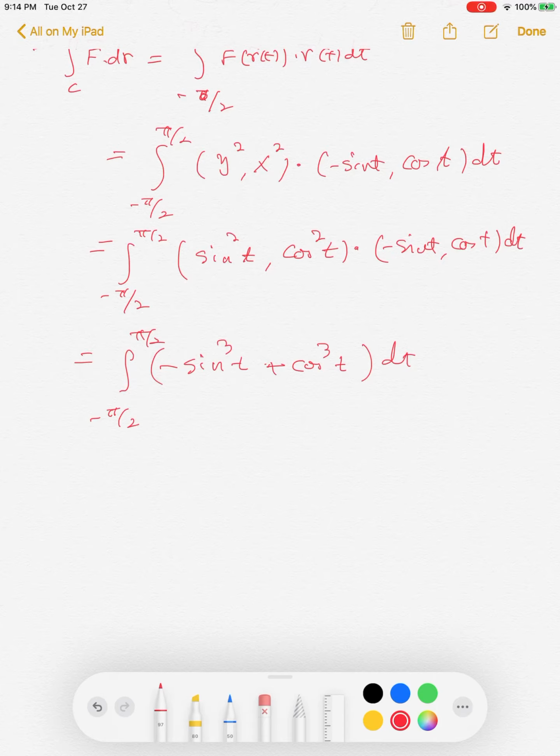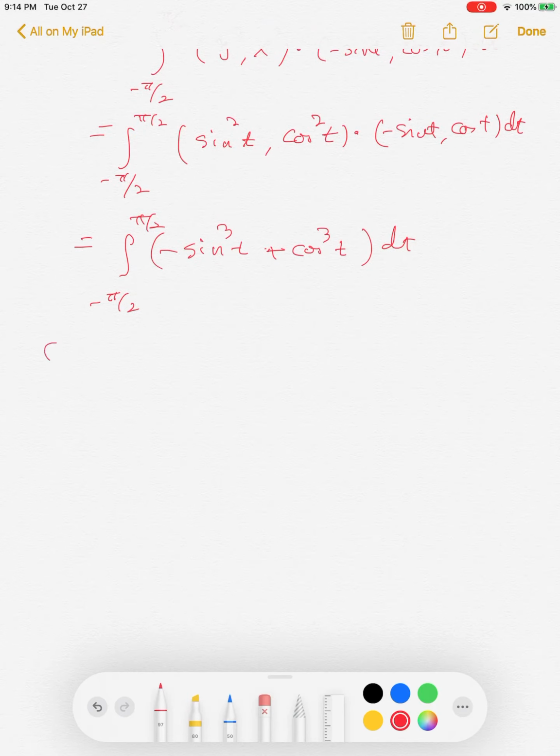This is not really too hard to integrate. You have to know how to integrate odd powers of trigonometric functions. The way to do this properly is, well, we'll have to work it out. So let me calculate the integral of sine cube t. Here you put u equal to cos t. So du is minus sine t dt.